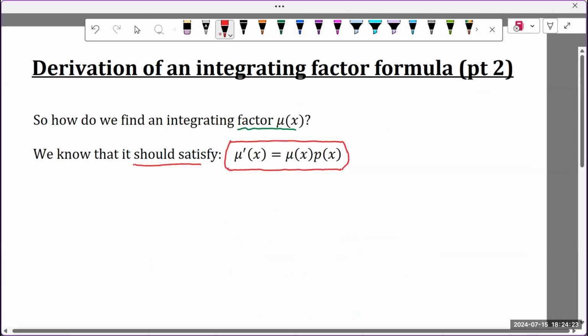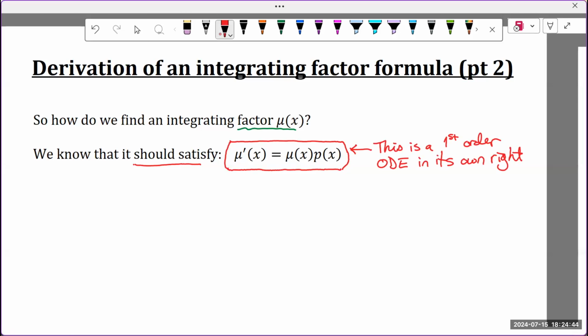This equation is simply another first order ODE, in its own right. So guess what? We have a way of solving this, because this first order ODE is, drumroll please, separable.